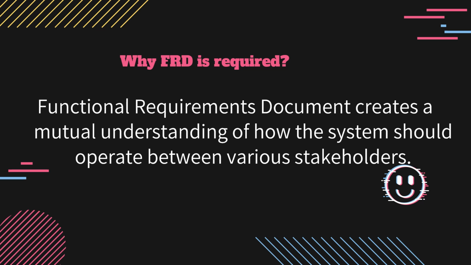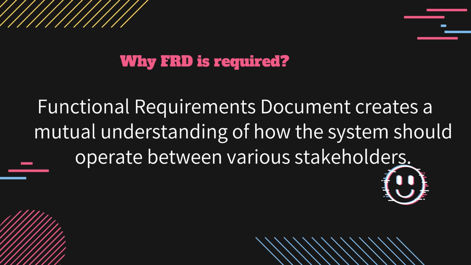Functional Requirements Document creates a mutual understanding of how the system should operate between various stakeholders. Users who are knowledgeable about how the system operates are required to provide feedback for the document. They can then offer insightful feedback to assist other users in managing the product.